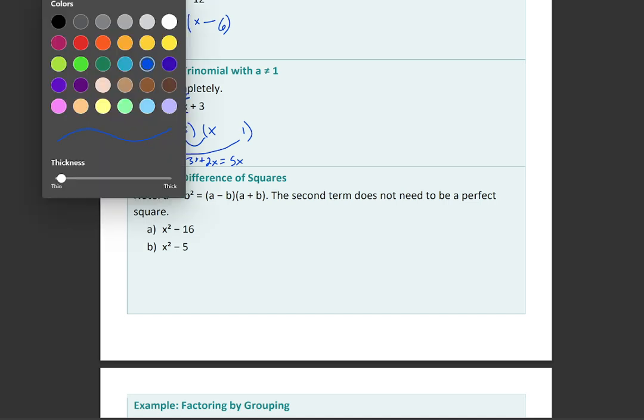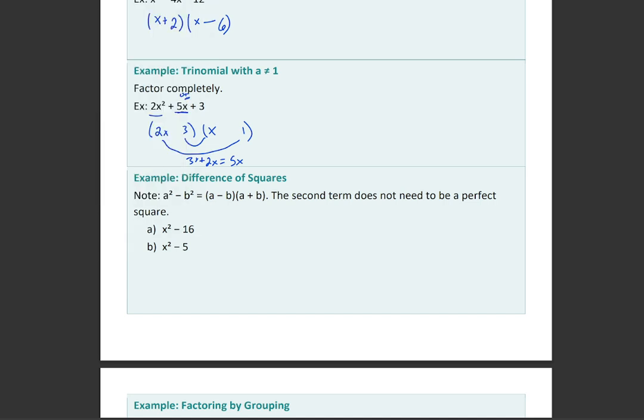Now, just for comparison, if we had gone with a 2x and a 1 and an x and a 3, we would have been looking at, with the middle ones, we would have had an x, and here we would have had a 6x, but x plus 6x gives us 7x, and that's not what we were looking for, okay?